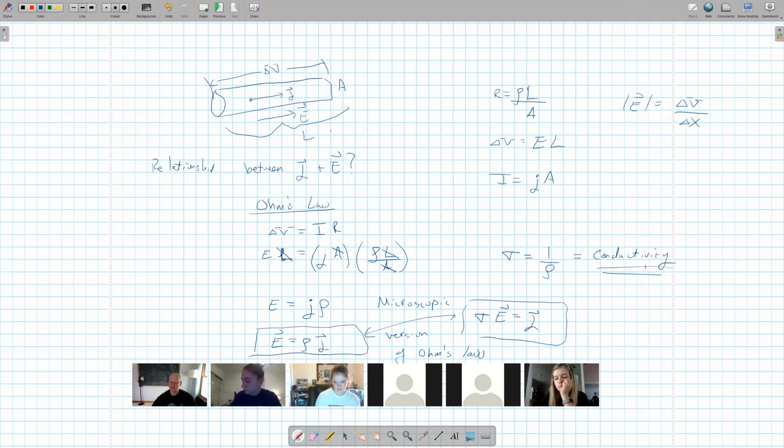So what is conductivity? Resistivity, rho, is a measure of how good a resistor a material is, which means that conductivity is a measure of how good a conductor a material is.